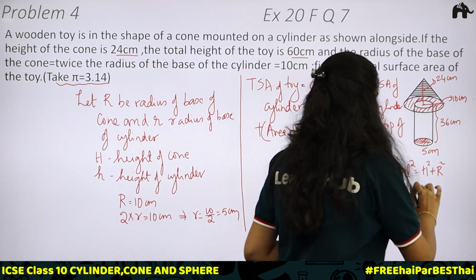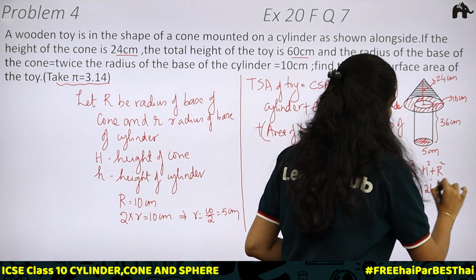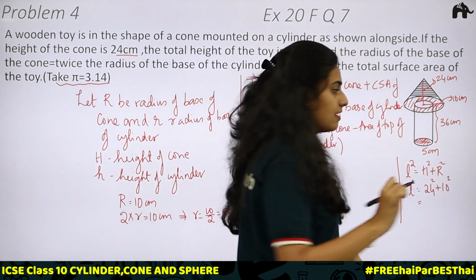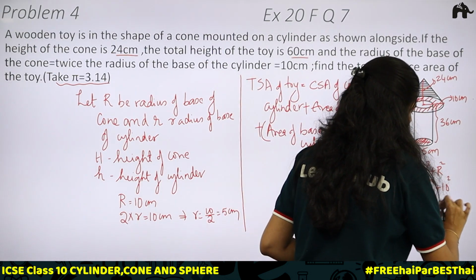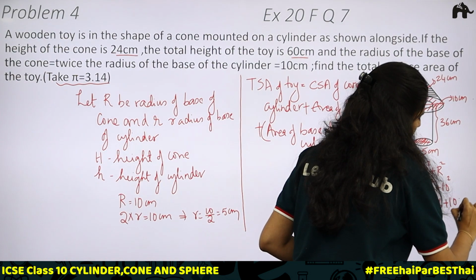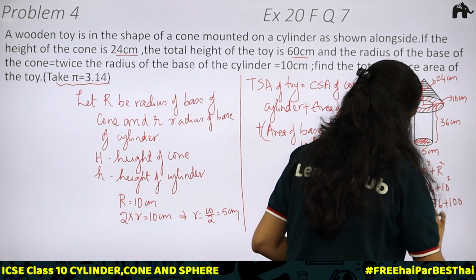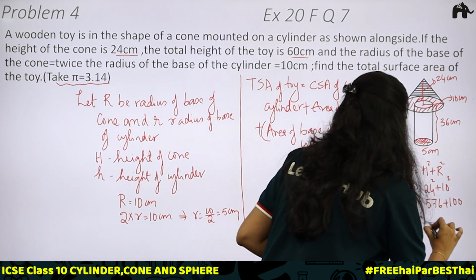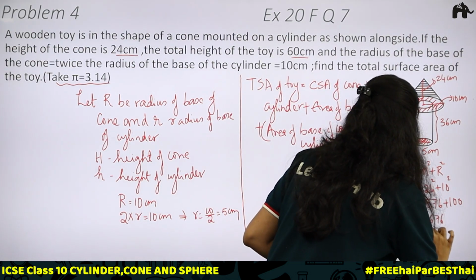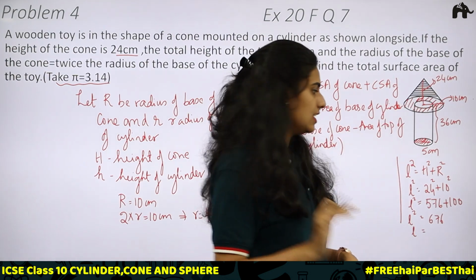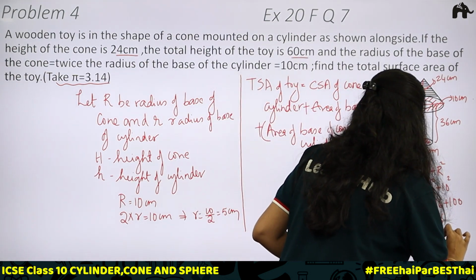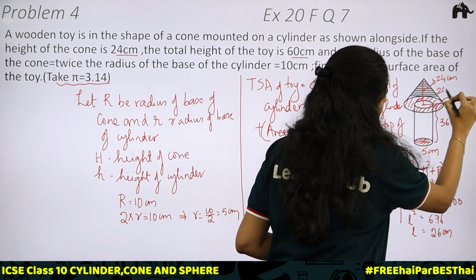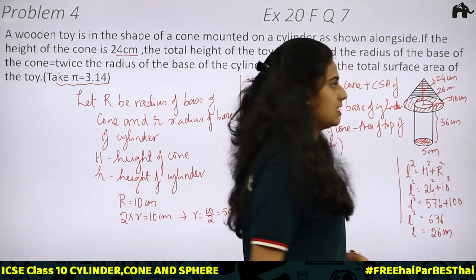L square will be equal to 24 square plus 10 square. What is 24 square? 576. Yes, 576 plus 100 is 676. Then L will be root of 676, which is 26 centimeter. Okay, we got the slant height 26 centimeters.